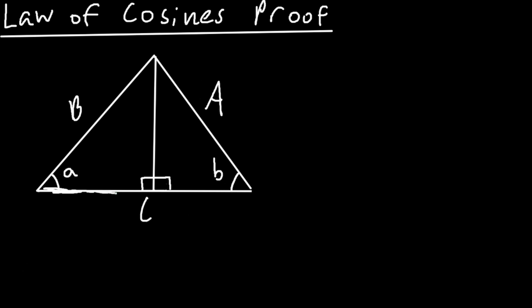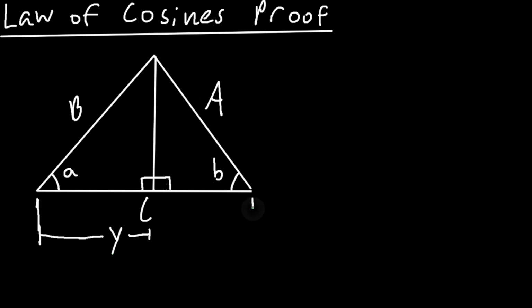So let's define what this side length is and then what this side length is. I'm just going to pick an arbitrary variable name. Let me draw it out like this so it's a little bit clearer what I'm talking about. This side length is going to be y.